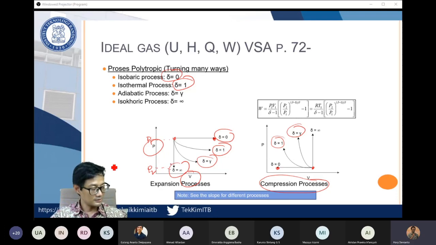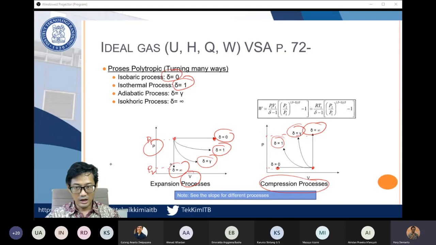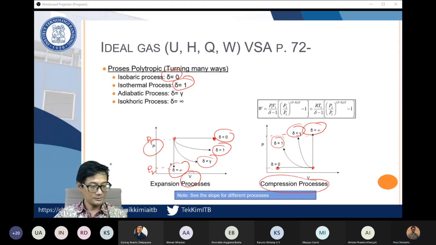And the last one is isometric or isochoric. Again, because this one is at the same volume, we cannot use the definition of initial and final volume. But you can use the difference in the final pressure and the initial pressure. When you have an increase in pressure for an isochoric or isometric process, we consider that one a compression process. Okay? Up to this point, any question?